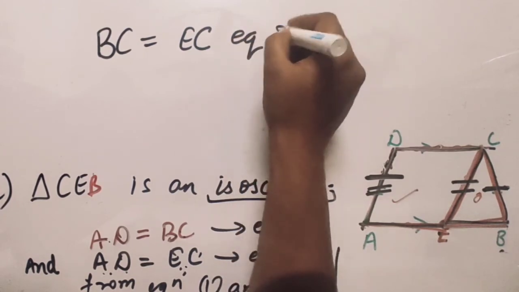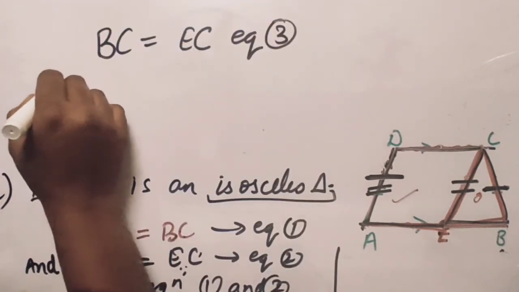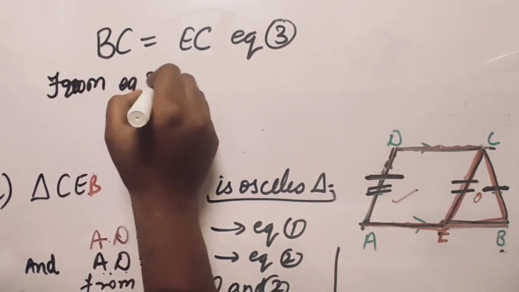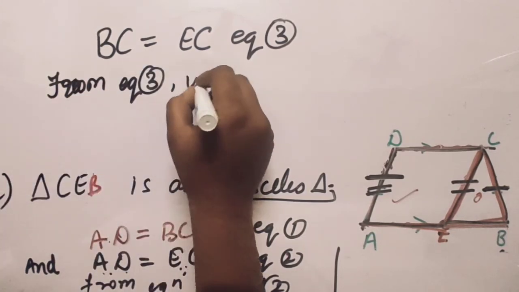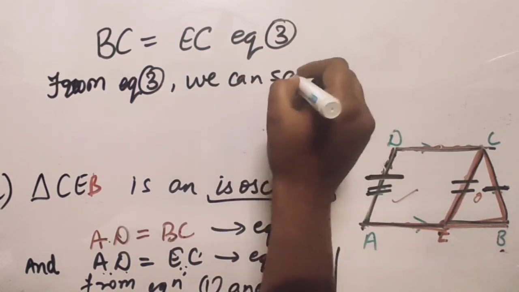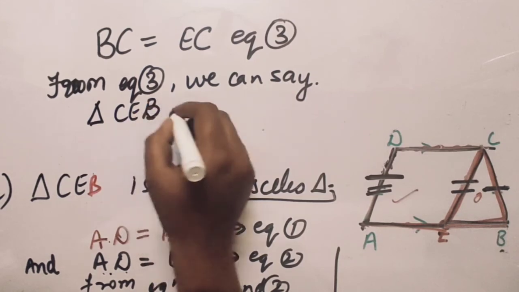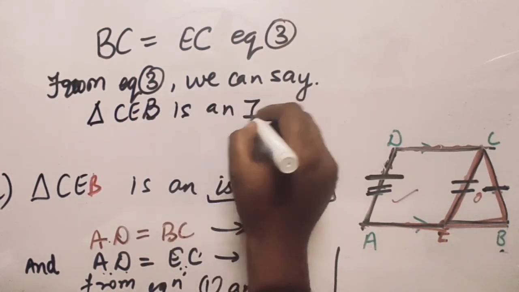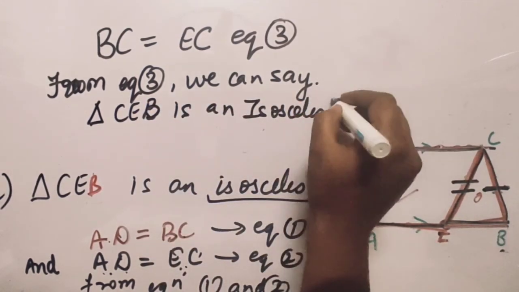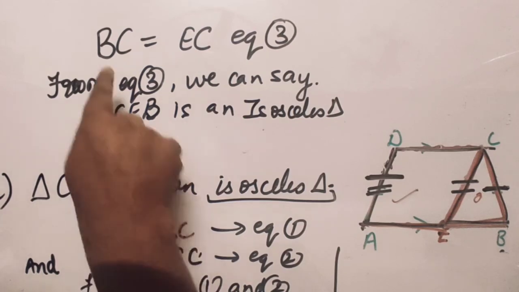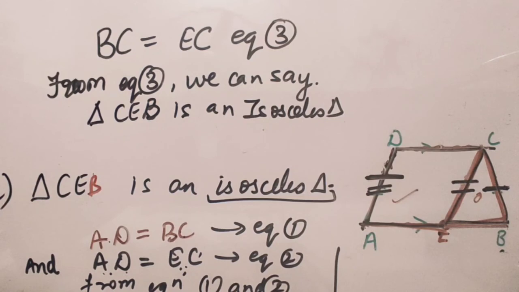We will name it equation 3. From equation 3 we can say triangle CEB is an isosceles triangle. So this is the way we can prove any triangle is isosceles, by proving any two sides of the triangle equal.